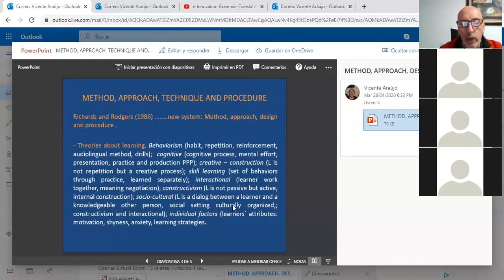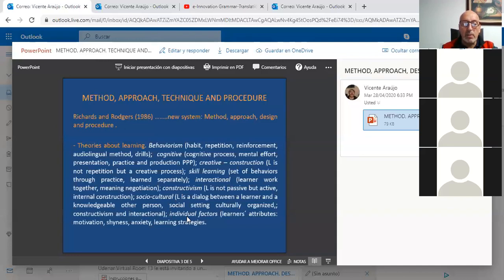Culture in Pasto is different from culture in Tumaco, culture in Pasto is different from culture in Mocoa, and so on. So this sociocultural theory takes a lot of ideas coming from constructivism and the interactional theory.